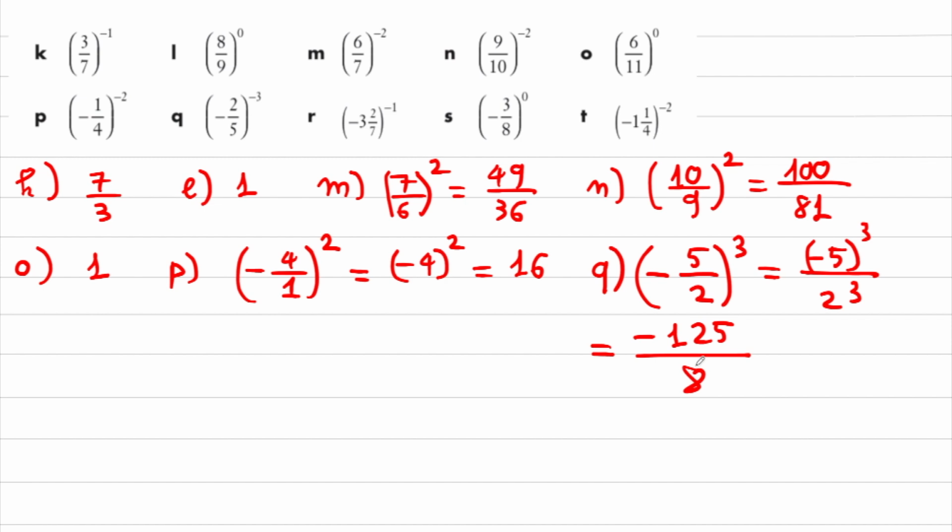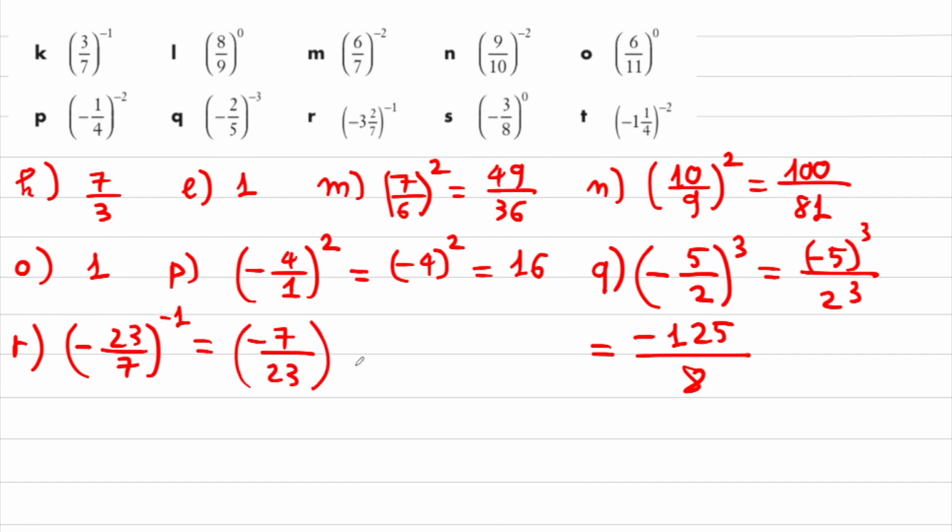Okay, so question R, I change this mixed number to a fraction. 23 over 7, and then you got minus 1. This is minus 7 over 23 in this writing. And question S, you got 1, because here the power number is 0.